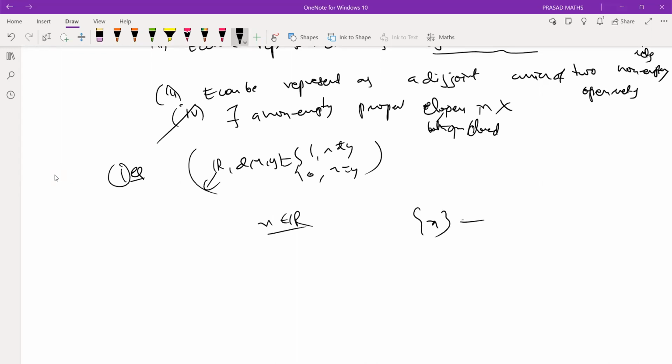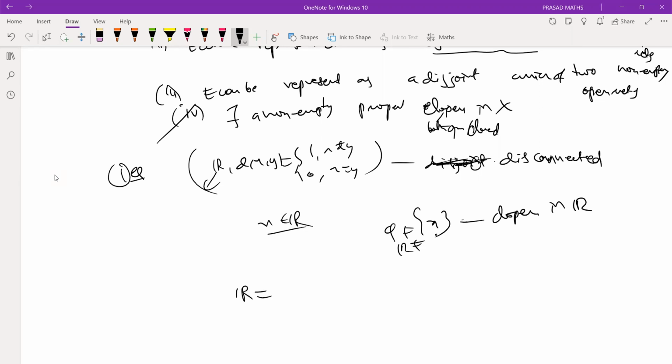I already told you any subset of R with respect to the discrete metric is clopen, meaning both open and closed in R. So this is non-empty and not equal to R. Therefore, it is a proper non-empty clopen subset of R. Therefore, it is disconnected. Or else R can be written as the singleton {x} union R minus {x}.